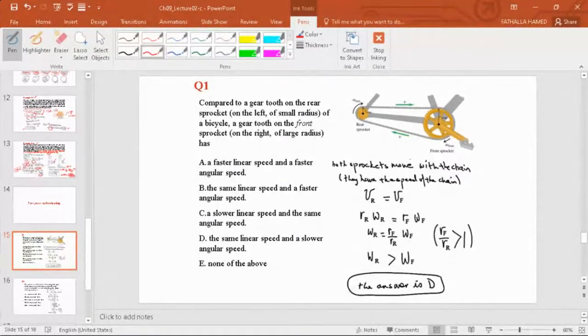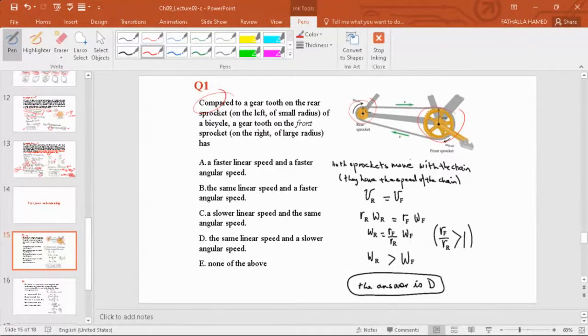You have something from a bike. You have the rear gear. You have the front one. The front one is bigger. And they want you here to compare the front to the rear. What will be the effect of the front?